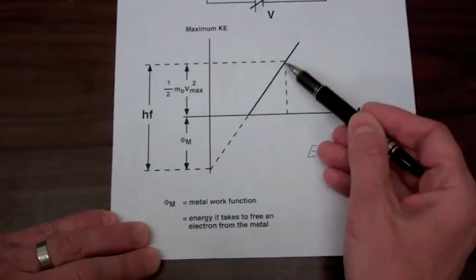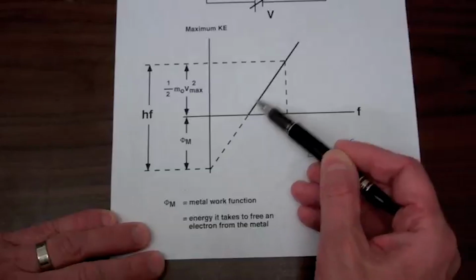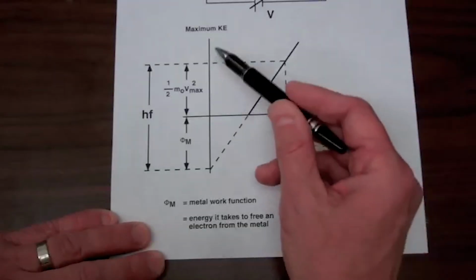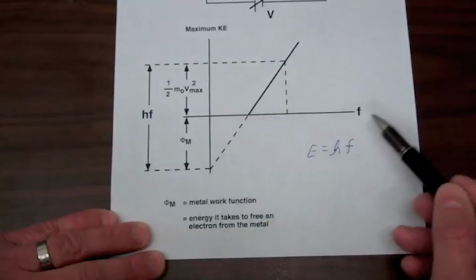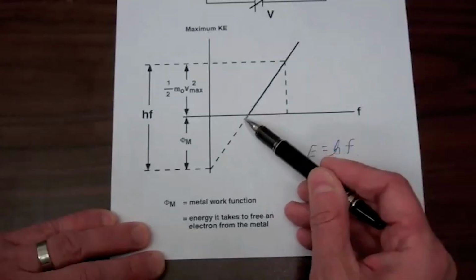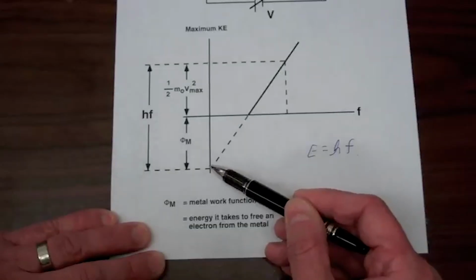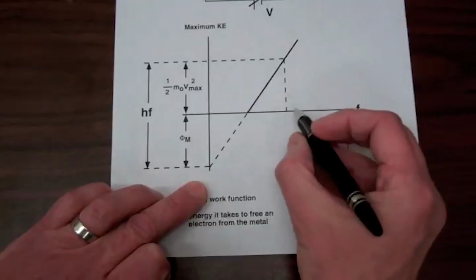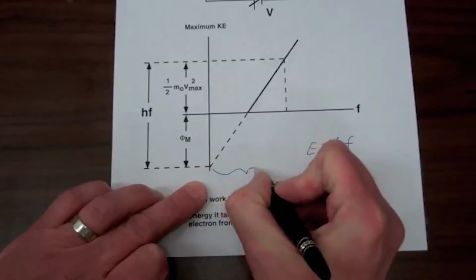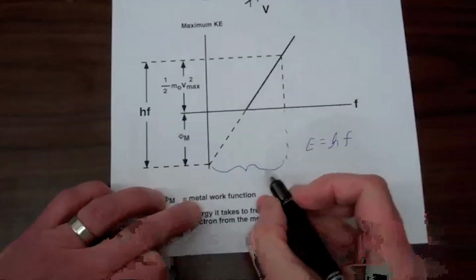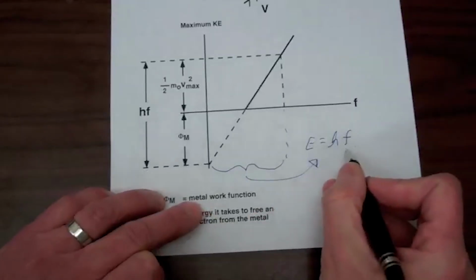Okay, so looking at the results of the photoelectric effect for the maximum kinetic energy as a function of frequency, let's extend the line down to where it intersects the energy axis. Okay, so for a frequency of f, the energy in a quantum of a beam of light is h times f.